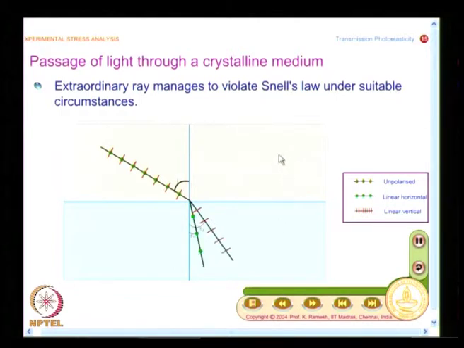I have medium 1, and medium 2 now is a crystal, it is not an isotropic medium. Draw the diagram, make a neat sketch of it, take your time, and I can replay how the rays come. I have a ray which impinges on this. Carefully look at how the incident ray is drawn and how the refracted rays are drawn.